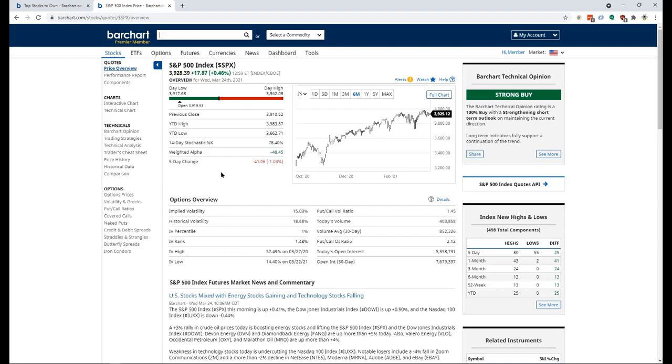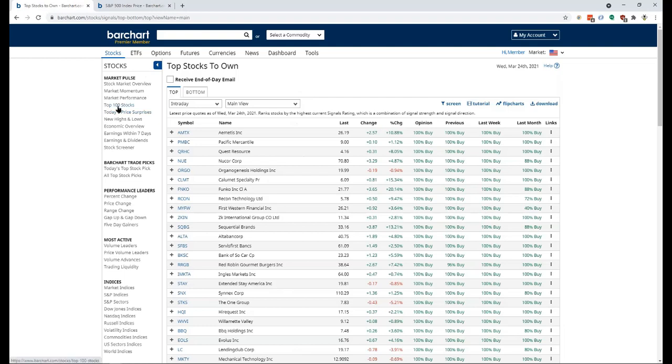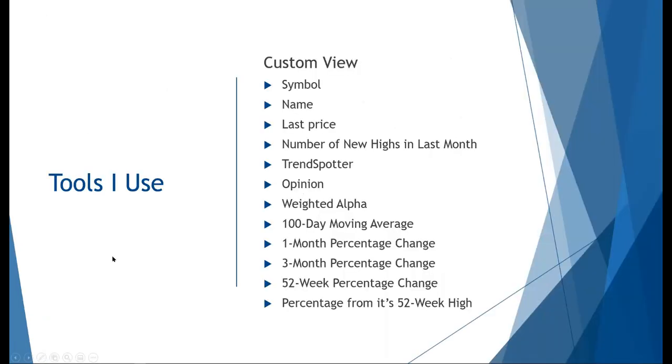Okay, so let's kind of recap this here. When you first started, you were looking at 3 different reports on Barchart, the top 100 stocks. And I wanted to find which stocks were on all 3 lists. Right. So let's talk about the tools that you decided to use that you find on Barchart.com.